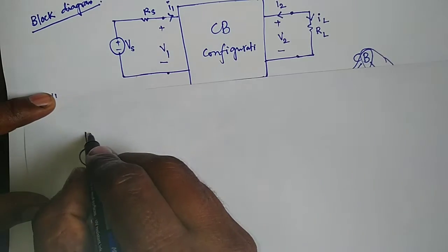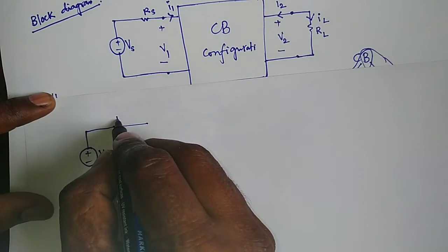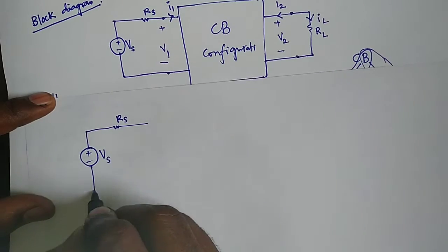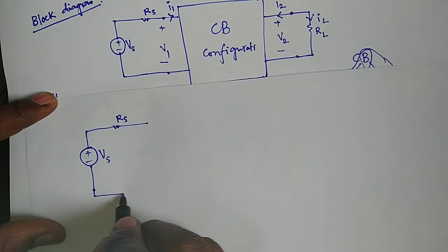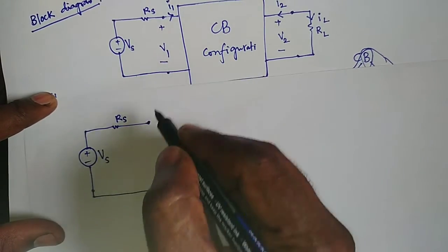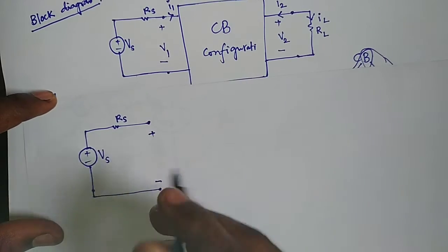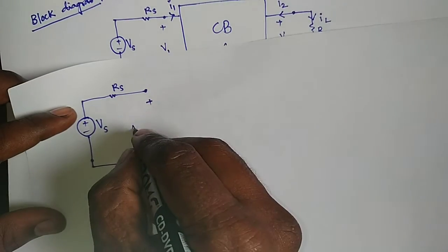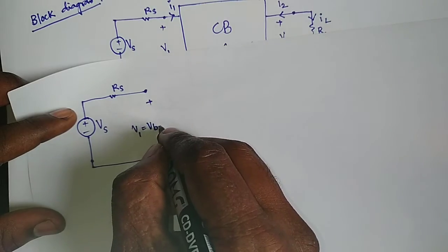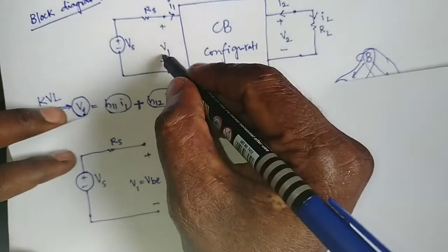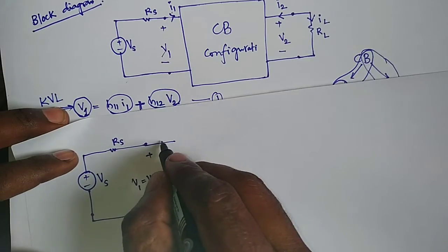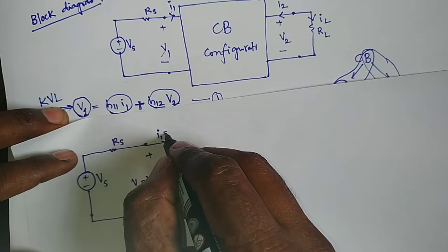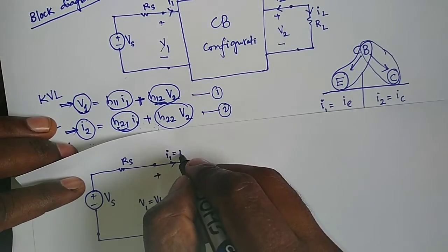So that value is Vs and that value is the source RS. Then V1. From this, V1 is equal to VBE. Next, I1 is equal to IE.